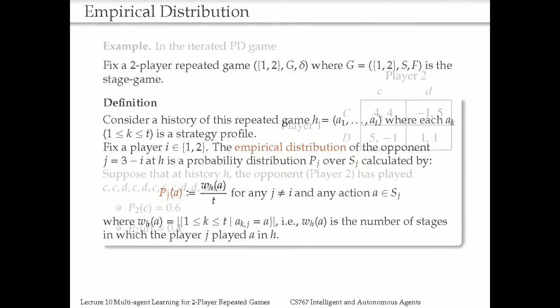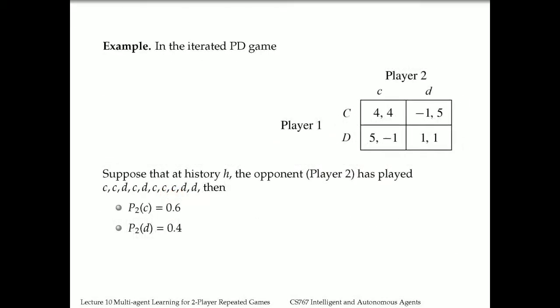As an example, suppose we have the prisoner's dilemma game, in its iterated form. And suppose at history H, the opponent has played the actions C, C, D, C, D, C, C, C, D, D. So there are 10 stages that have taken place so far.